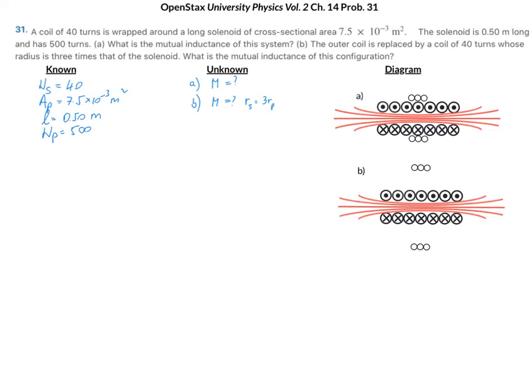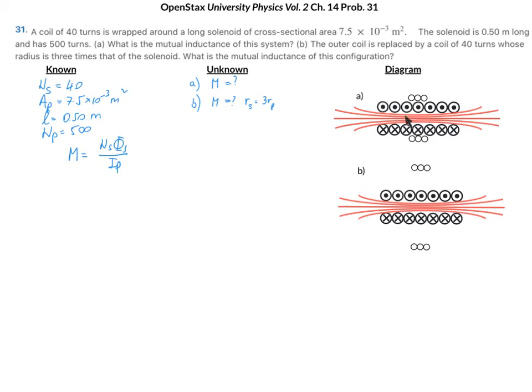All right. So let's write down the equation for mutual inductance. Mutual inductance is number of turns of the secondary times flux through the secondary divided by the current in the primary. We don't know the current. Let's just keep going and see what happens. Looking at the diagram, the number of turns of the secondary is fairly straightforward, 40. The flux through the secondary is magnetic field times area.